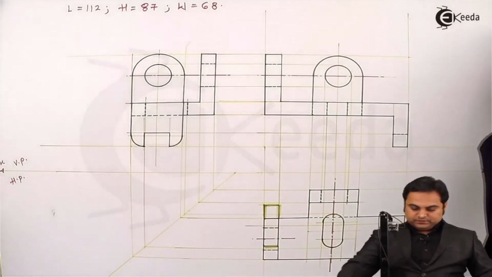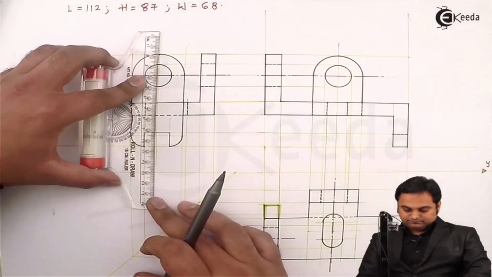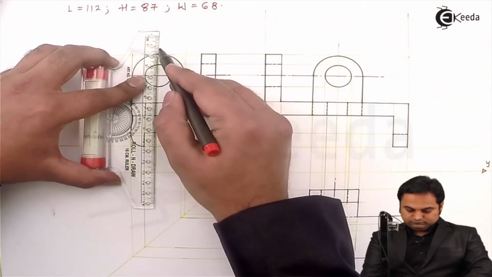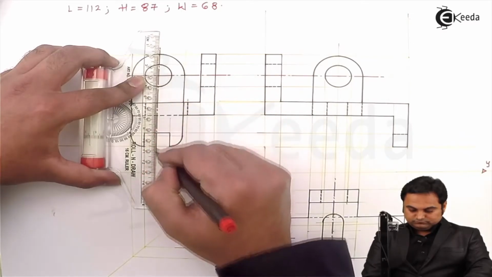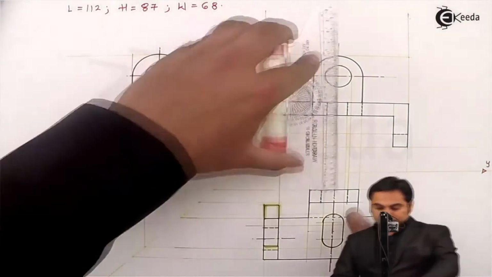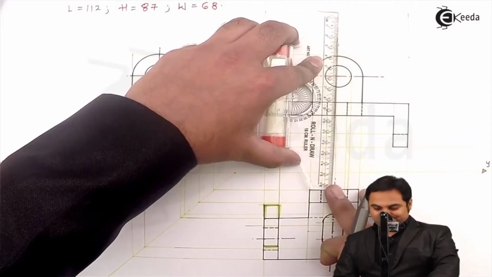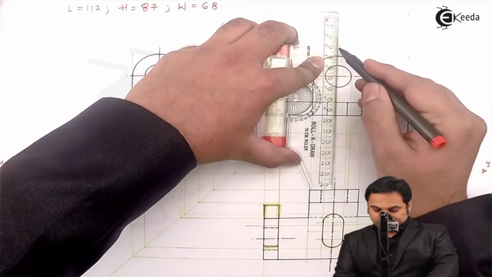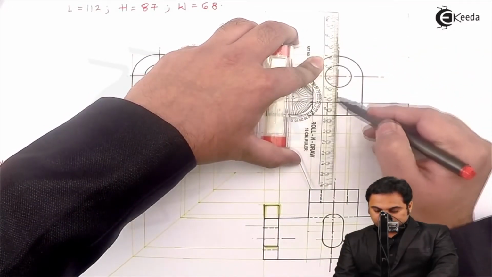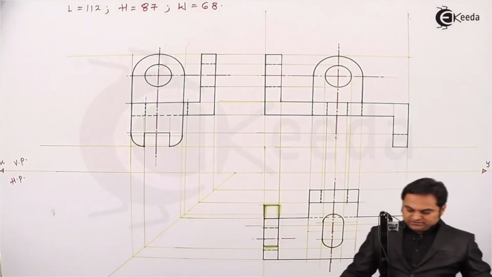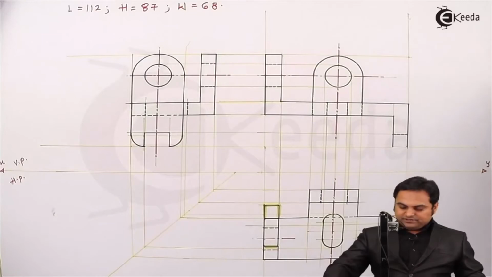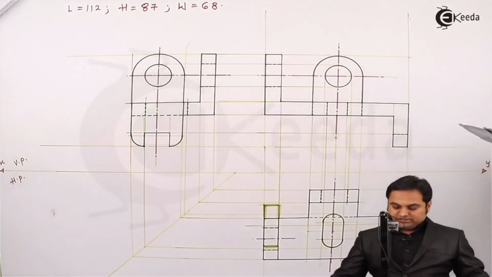Next, I'll draw the center line in the front view as well. Once I have completed all the diagrams, I'll give the dimensions, starting with the front view.